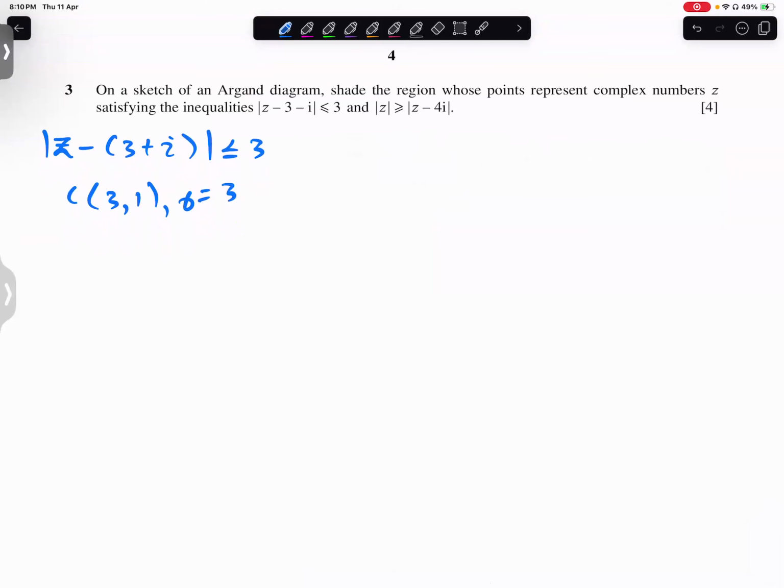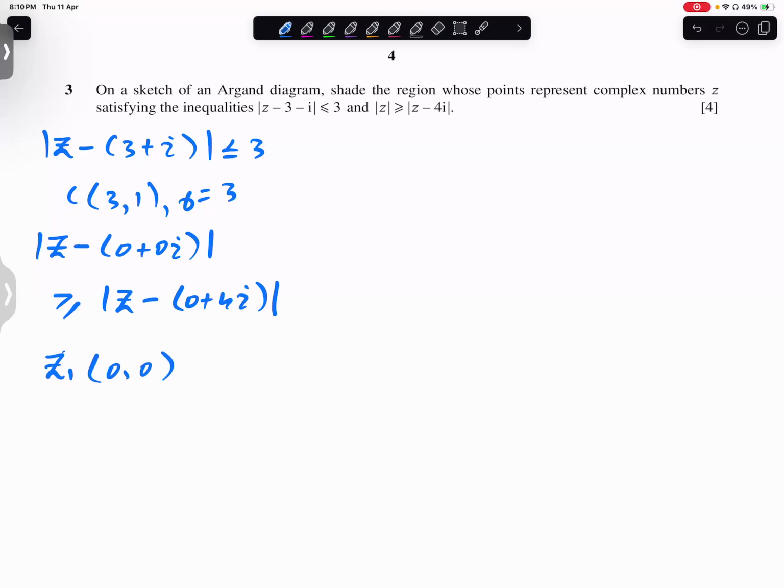And then |z - 0 + 0i| is greater or equal to |z - 0 + 4i|. So first point will be (0, 0) and second point will be (0, 4). So these are all the working.